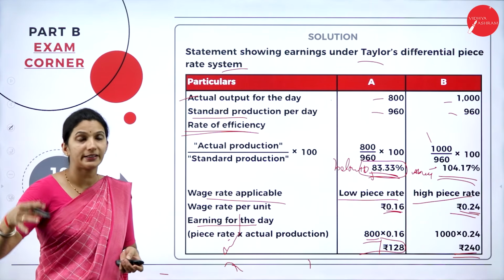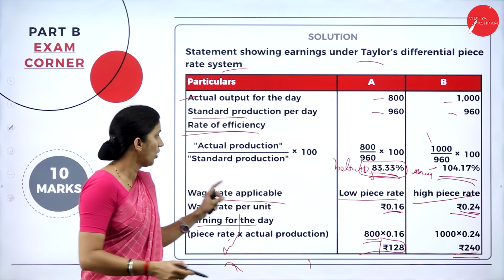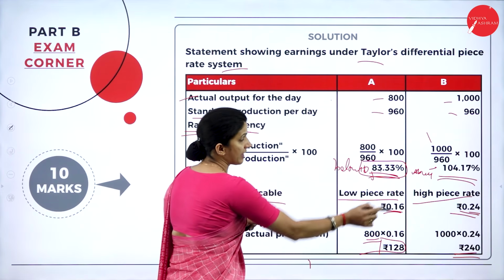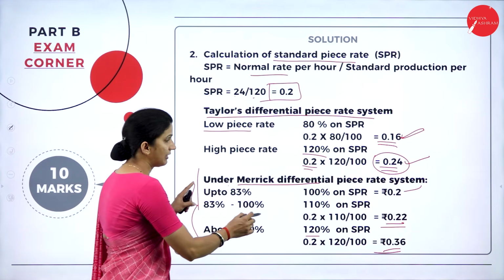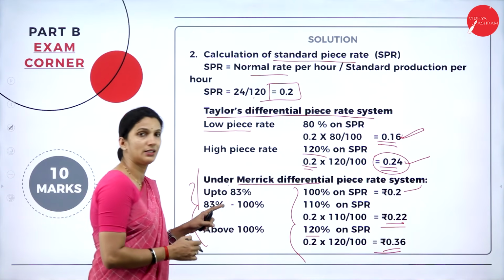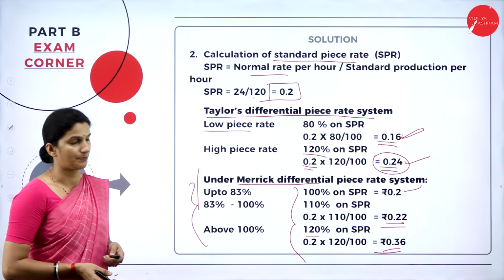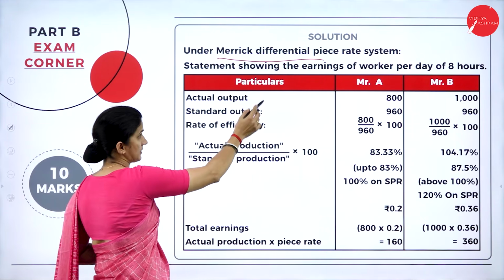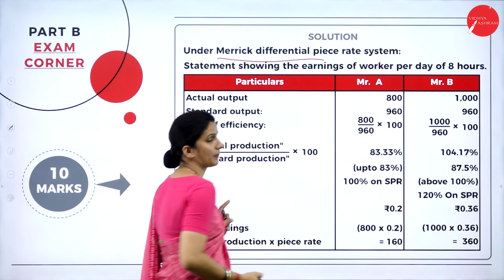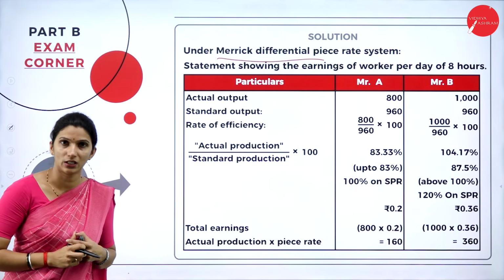When we calculate under Merrick, everything is the same; only the applicable piece rate will be different. That's why under Merrick we'll consider this as the piece rate system. See the question next: Merrick differential piece rate system, same worker A and worker B, calculating the total earnings.